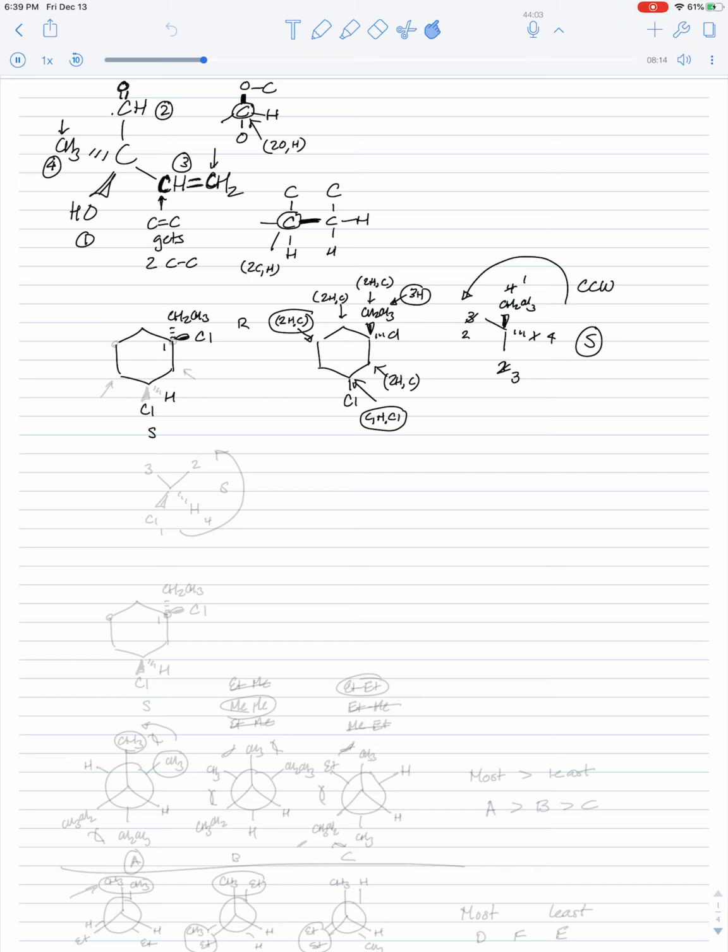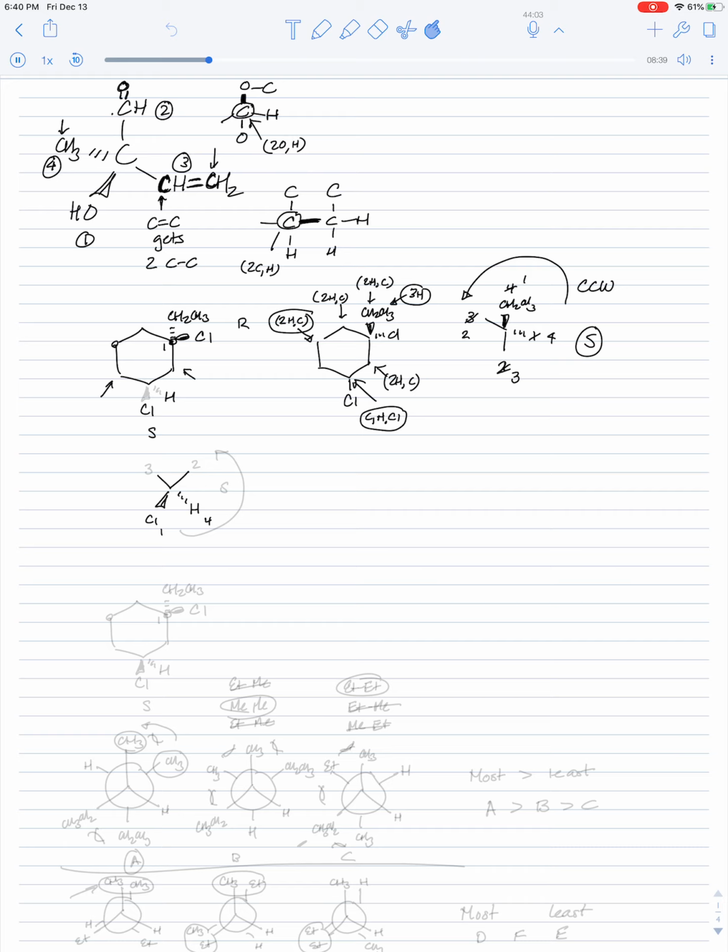Got to do the same thing down here. I think it's easier at this point. I'm going to make the chlorine bold, and I'm going to make the hydrogen dashed. That one's number 4. That one's number 1. As I go around the ring this way, I've got what? 2 H's and a C. 2 H's and a C, untied. I now go up here.